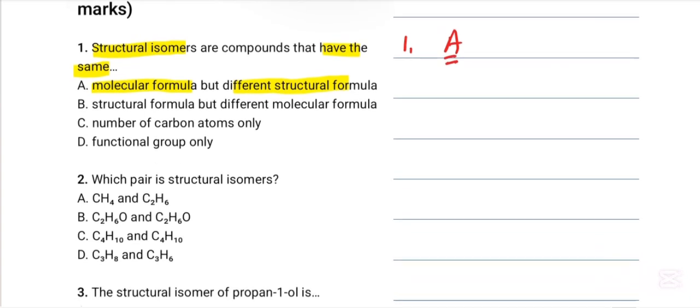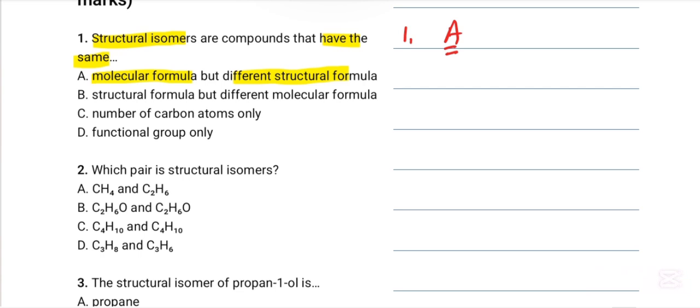Number 2 says, which pair is a structural isomer? Remember, structural isomers have the same molecular formula but different what? Structural formula. If we select option 1, there is 1 carbon on one side, then on the other side there are 2 carbon atoms, which means this one is out, because when we say same molecular formula, the number of atoms must be the same.